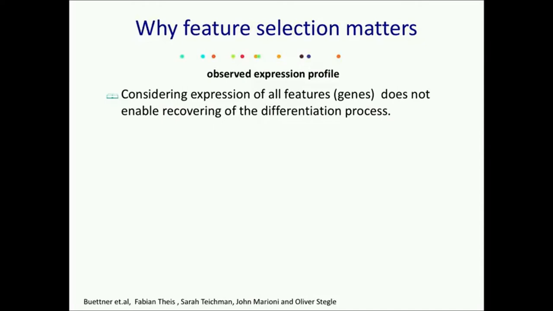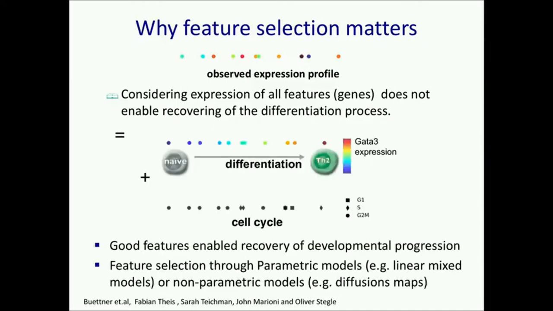What John, Ollie, and Sarah did is they tried to decompose the two continuous factors at play here: the differentiation process, which they were more interested in, and the cell cycle process, which is not noise or artifact, it's a different type of biology, but was less relevant to the questions they were asking.